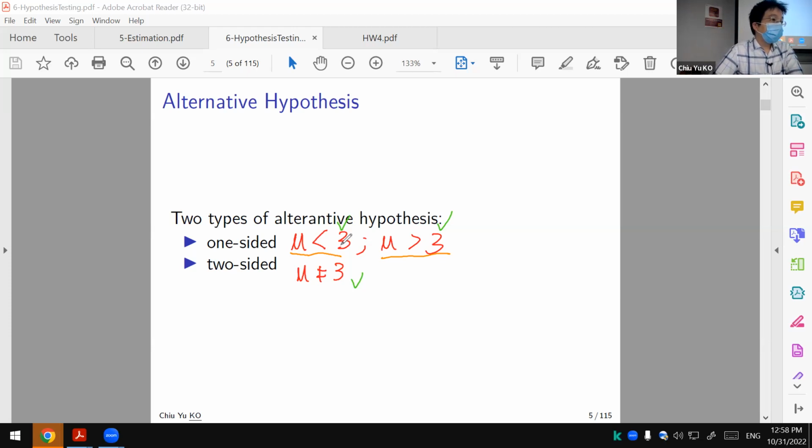Or from the definition of the variable, it can be just one-sided. Say, how much money people spend on, I don't know, nonsense stuff, maybe buying emoji, something you think is not worth spending money on, and you want to see whether people spend money on that. The spending must be positive.